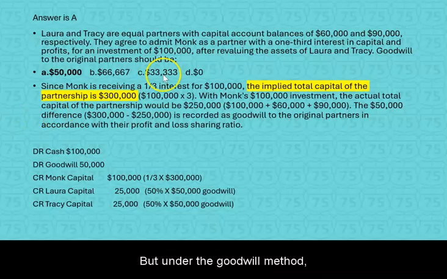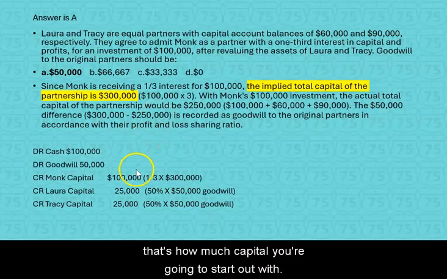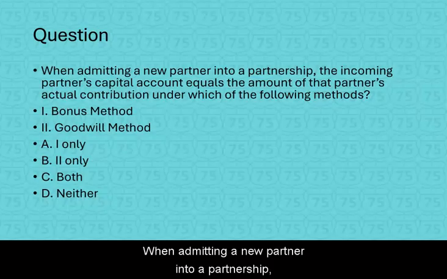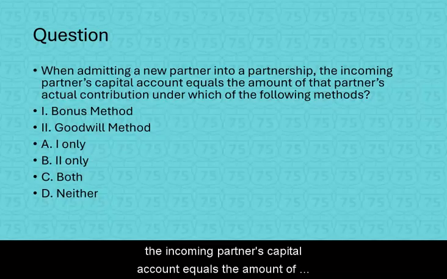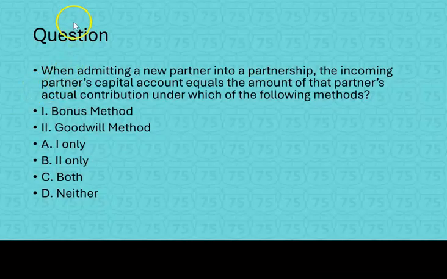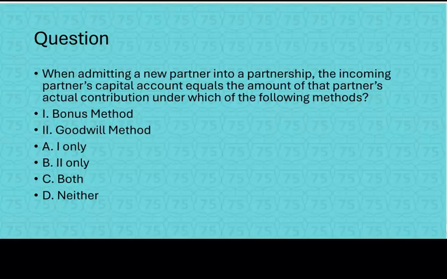But under the goodwill method, however much you contribute, that's how much capital you're going to start out with. And the exam could ask you this: when admitting a new partner into a partnership, the incoming partner's capital account equals the amount of that partner's actual contribution under which of the following methods? And if you think you know, leave me the answer in the comments section.